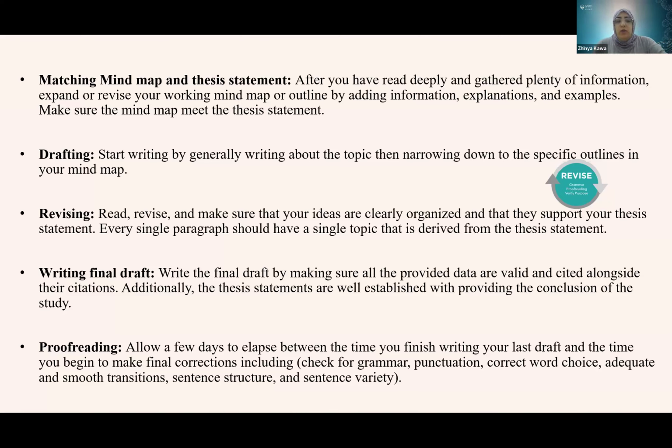After that, you are going to start drafting, by writing your first draft. At this point, you need to determine the very specific things or outlines for each of your titles.